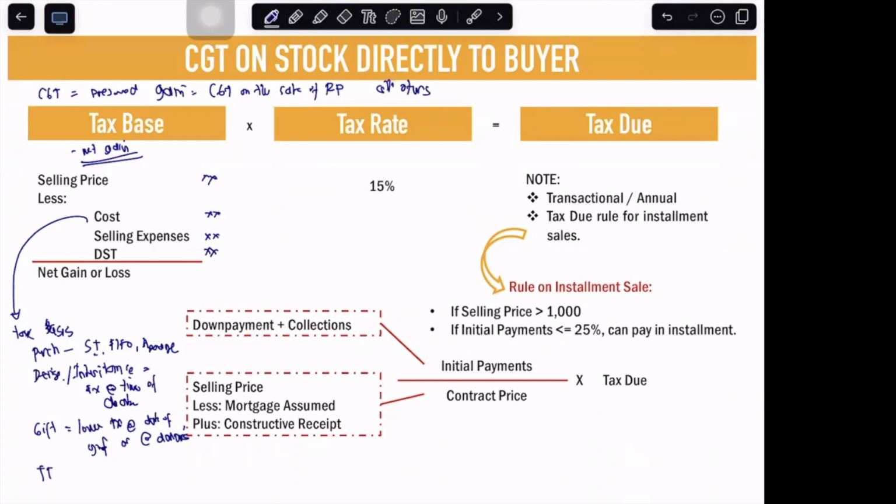or of anyone who held it before, not through donation. And if it is a tax-free exchange, what is a tax-free exchange again? That is either through corporate reorganization or acquisition of control. If it is either corporate reorganization or acquisition of control, you look into the amount of the shares exchanged or shares received.